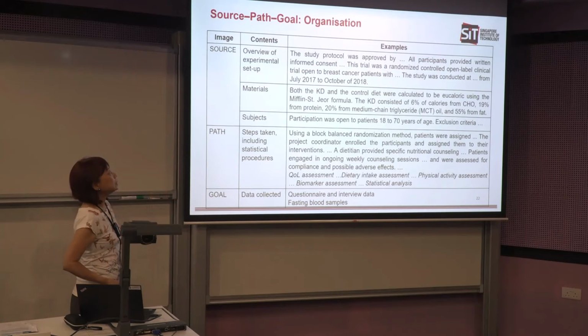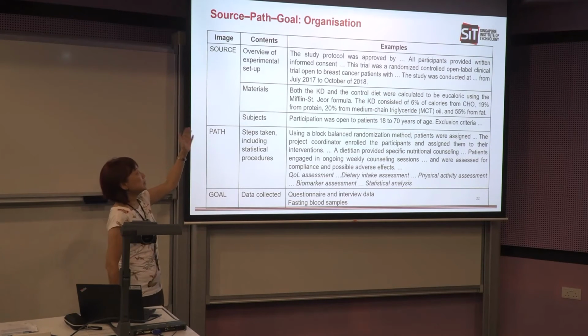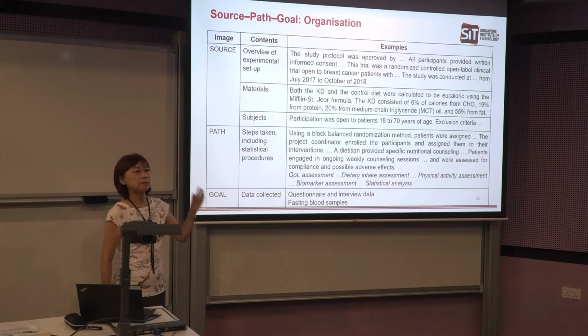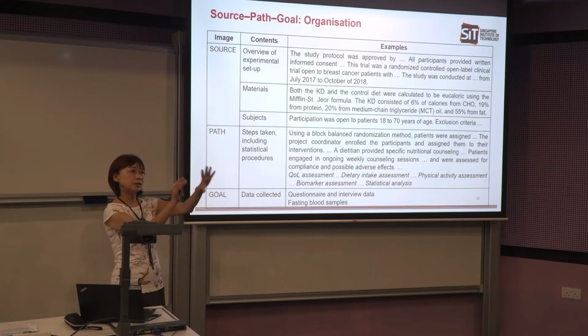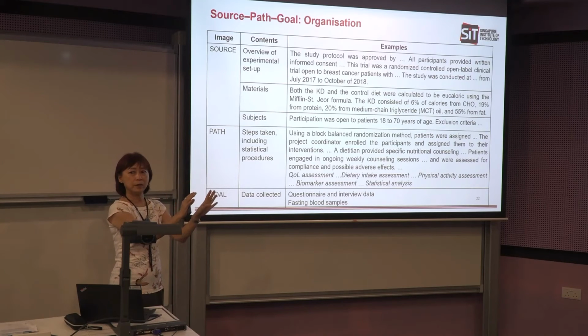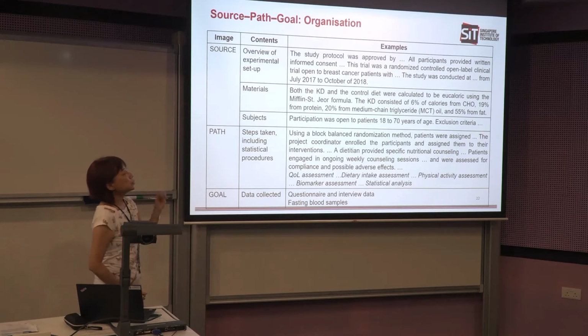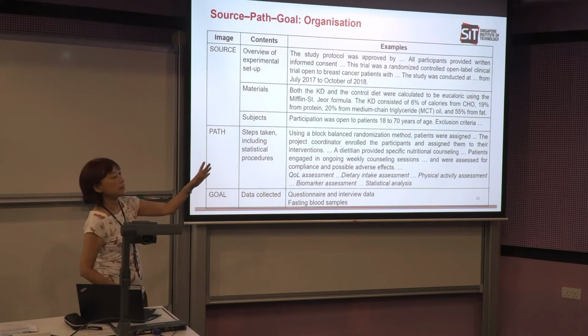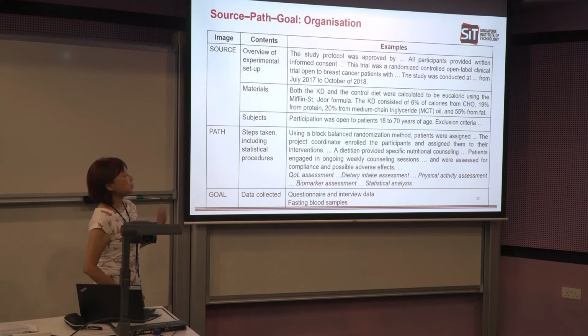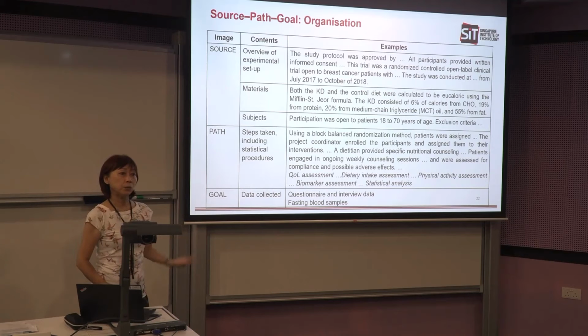In Kodabakshi, you see first, the study protocol was approved by, participants gave informed consent before the study, just to get the ethics part out of the way. The research ethics, that's taken care of. This trial was a randomized, controlled, open-label clinical trial open to breast cancer patients with, and then some details. The study was conducted where and when.